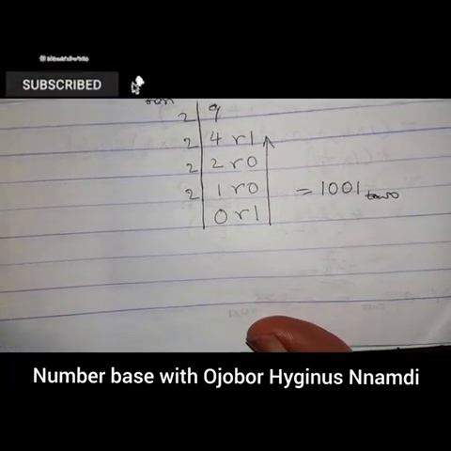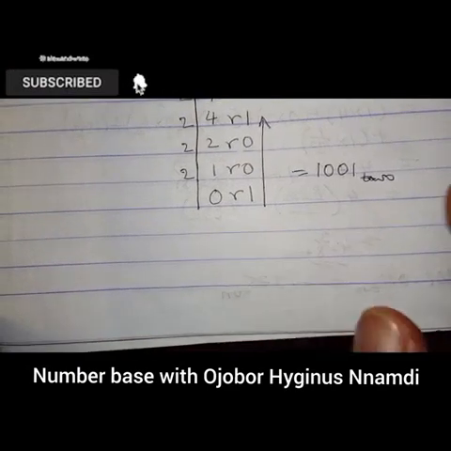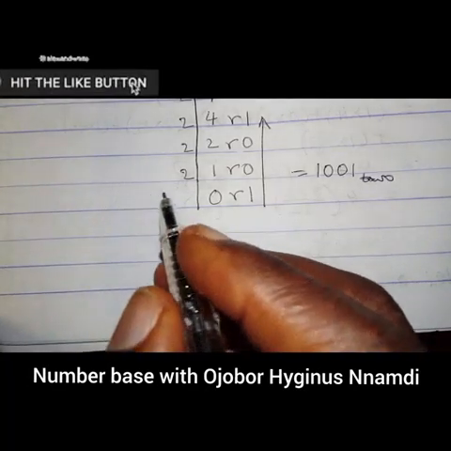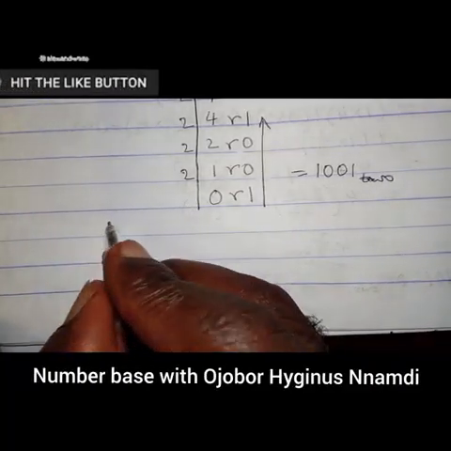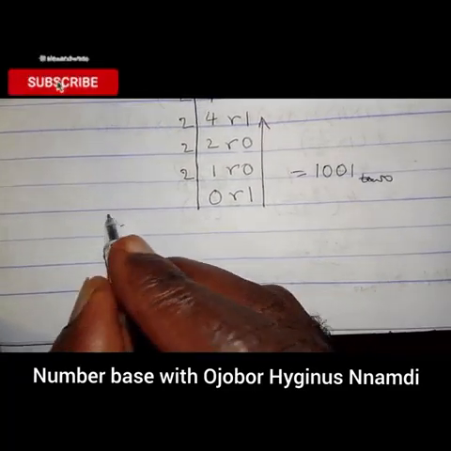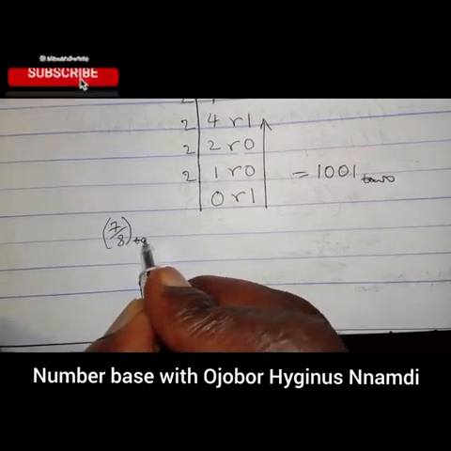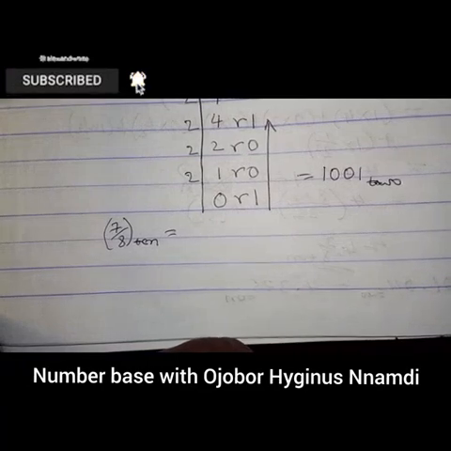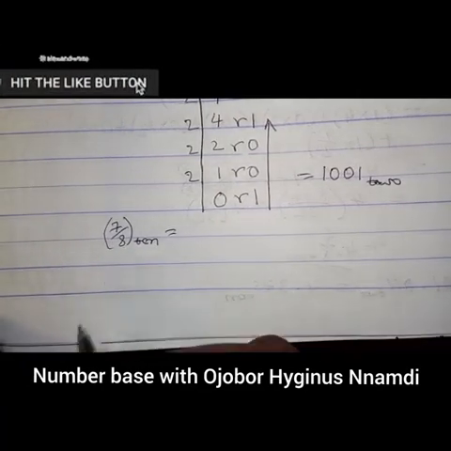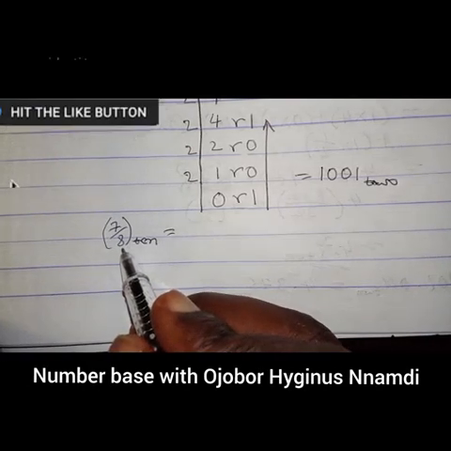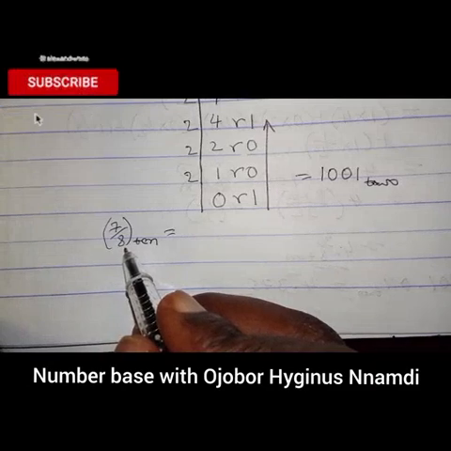Then let's look at the fraction part of the number. That is 7/8, 7/8 in base 10 to base 2. Now this is the method we use. For the first method, since 8 is a multiple of 2, of course the denominator has to be a multiple of the base you are converting to.